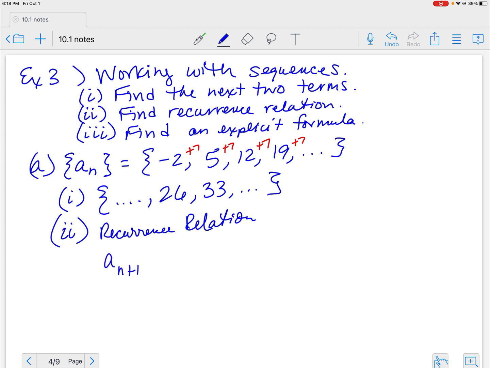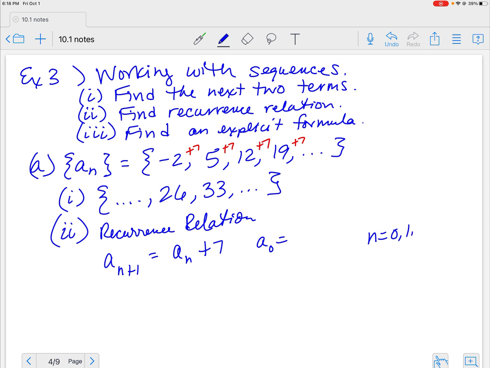A sub n plus 1 equals my current term plus 7. Now remember, every single time you have a recurrence relation, you have to start with the given value.